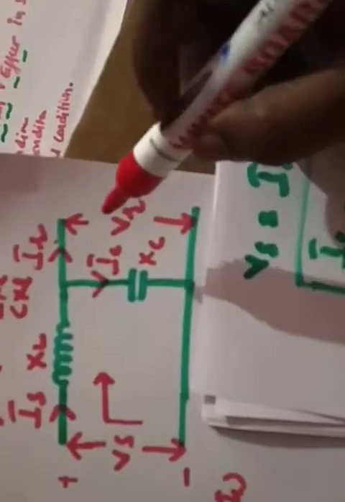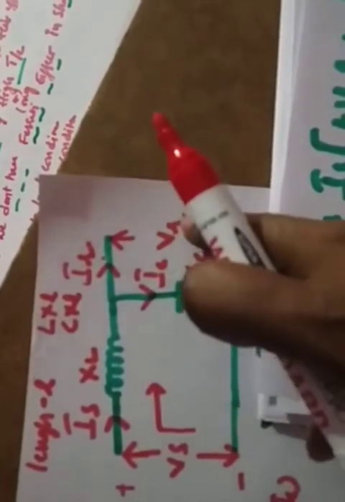Now you have to calculate the value of VR. So this is an open circuit now. Whatever voltage is applied appears across this capacitance, because in parallel the voltage is constant. Since it is open circuit, that much voltage appears across the capacitance, which is my receiving end voltage.